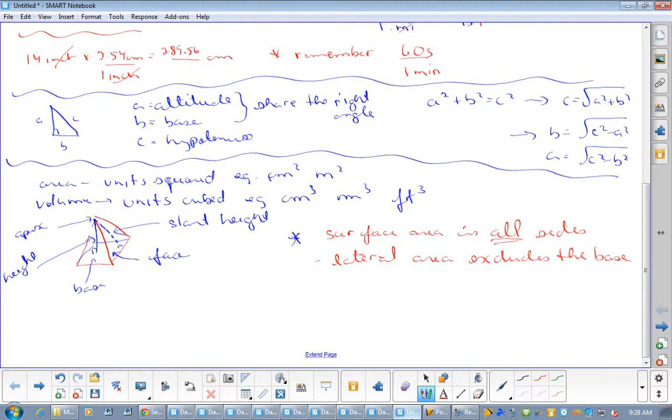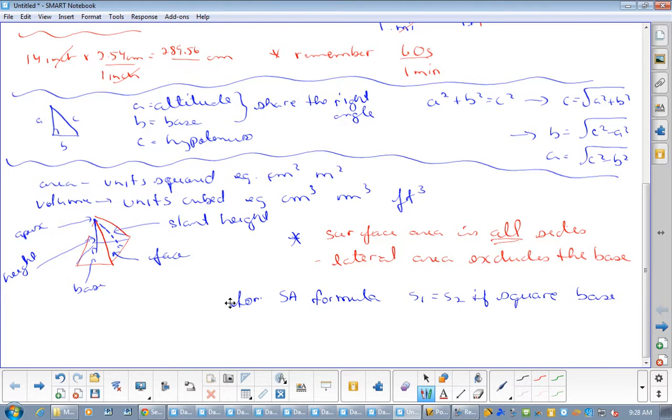So for surface area formula, S1 would equal S2 if square base.